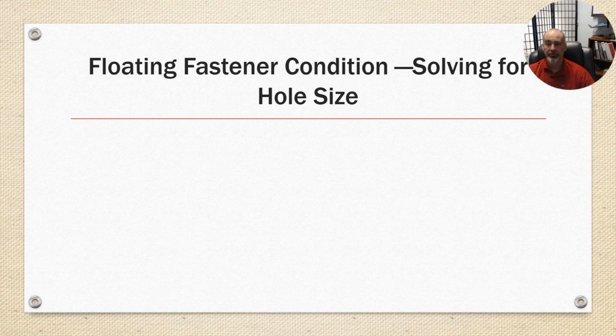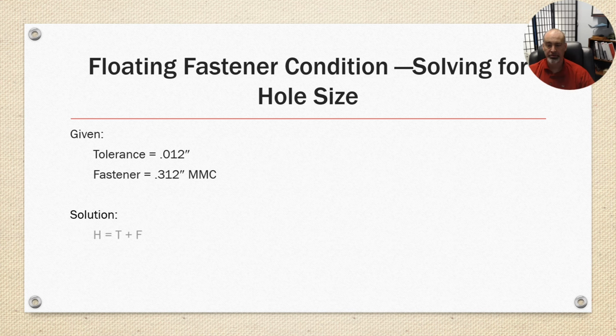Okay, floating fastener condition, if you're solving for the hole size, here's your given. You have a tolerance of 12 thousandths. Your fastener is 312 thousandths at maximum material condition. Your solution would be H equals T plus F. So H is 12 thousandths plus your fastener size at maximum material condition, and it results in 324 thousandths.